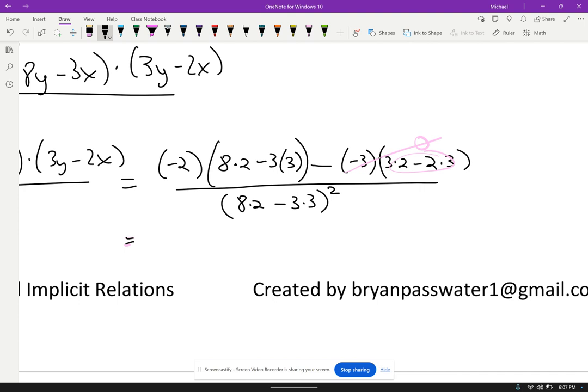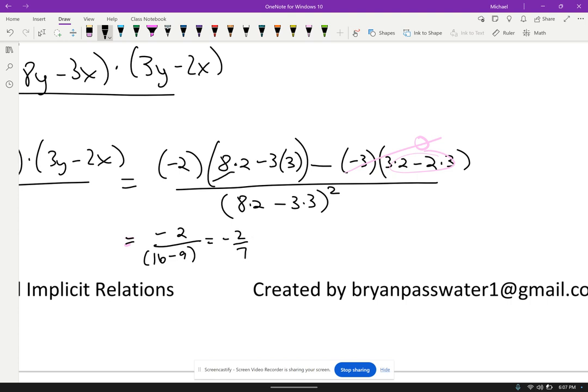So I can cancel and reduce this set of parentheses with one of the two sets of parentheses down here, and I'm left with negative 2 over, I'm going to go ahead and multiply this, 16 minus 9. And that's going to leave me, I think I did that correctly, yes, negative 2/7.